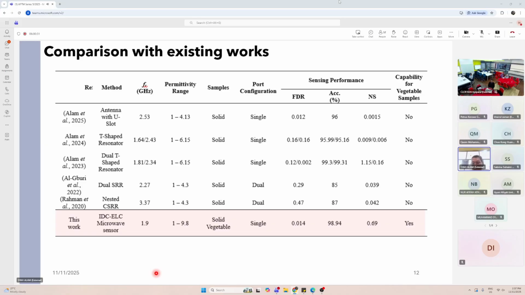For example, the FDR is 0.054, the sensing accuracy is 98%, and the normalized sensitivity is about 0.69%. The sensor is also capable of detecting vegetables and solid materials.